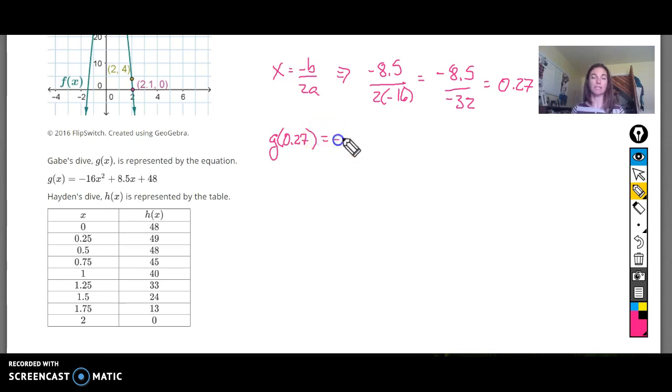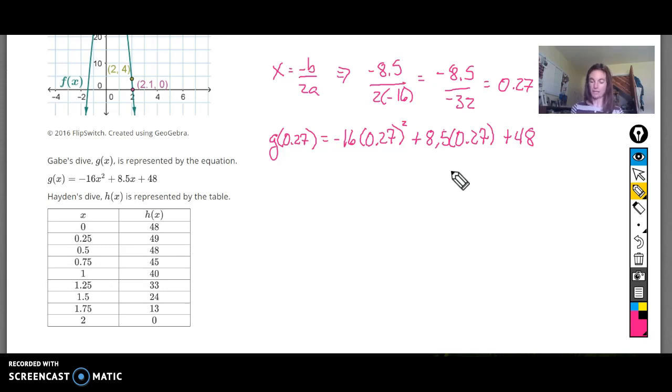So that is negative 16 times 0.27 squared plus 8.5 times 0.27 plus 48. Okay, so 0.27 squared times negative 16 is about negative 1.17.